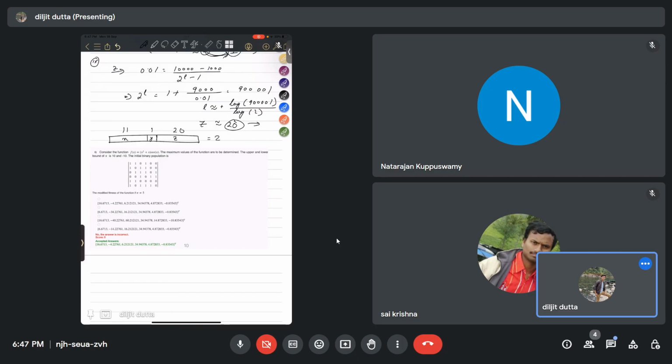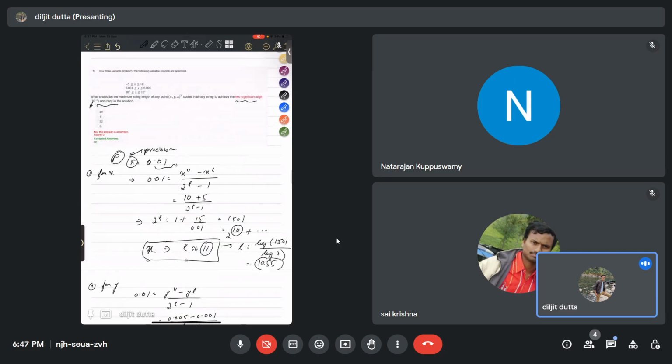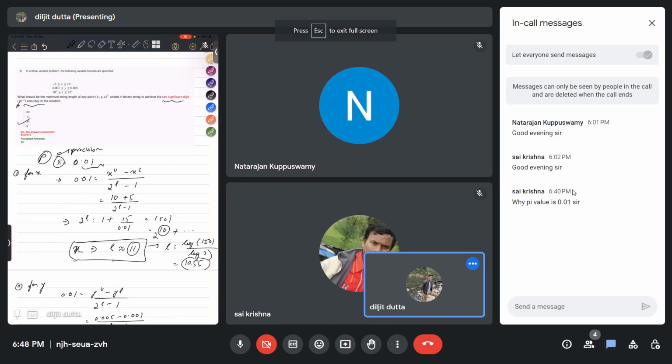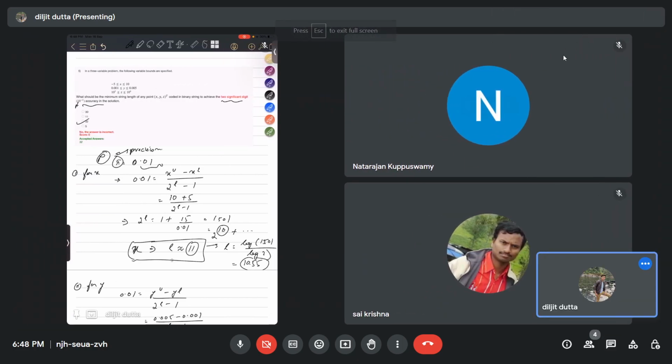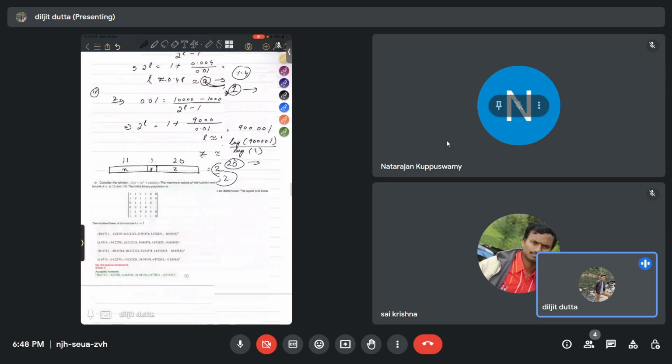So it is equal to 32, the total bit size of the chromosome. So to get this two significant digit accuracy, we will have to get a minimum coded length of 32. Okay, I hope this is clear.